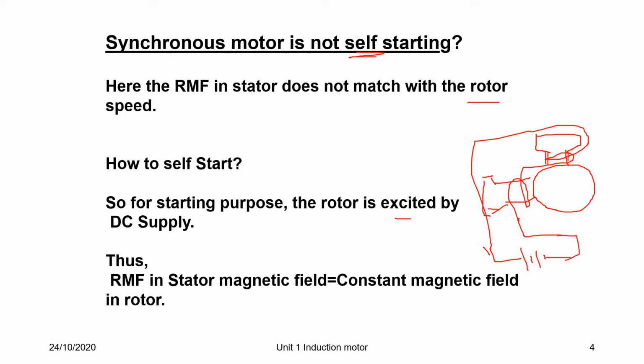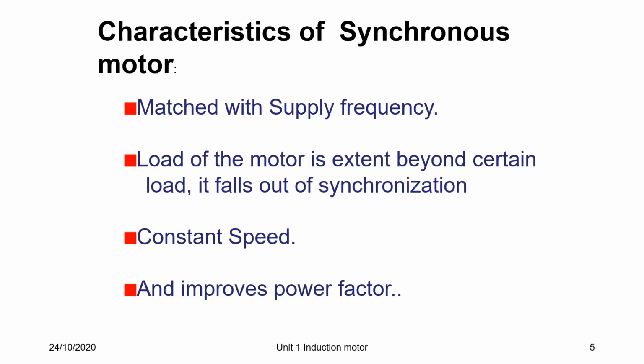In the stator there is a rotating magnetic field with synchronous speed Ns equal to 120 f by P. At one instant this rotating magnetic field matches the constant magnetic field. At that time we close the synchronous switch, so that the rotor of the synchronous motor catches the parameters of the stator magnetic field and it will run.